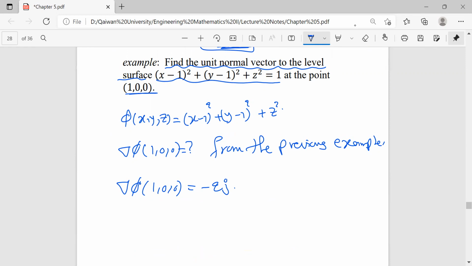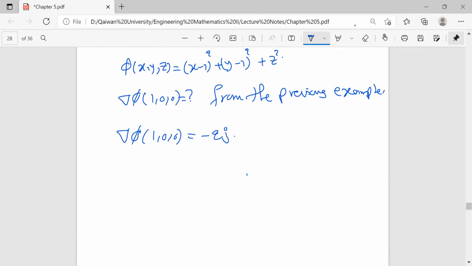Now we must find its magnitude. The magnitude of grad phi at 1, 0, 0 equals the square root of the sum of squares of all components.